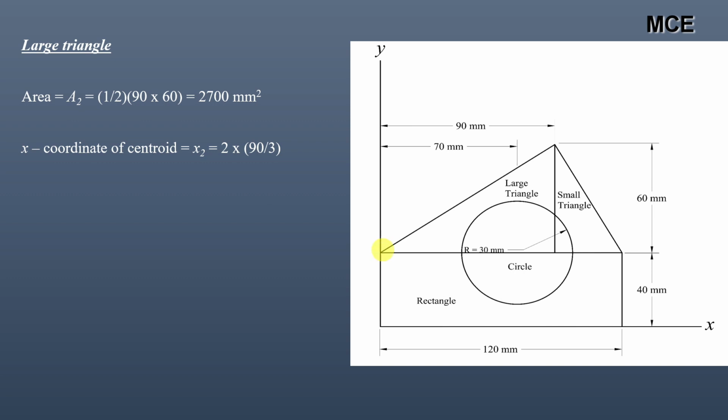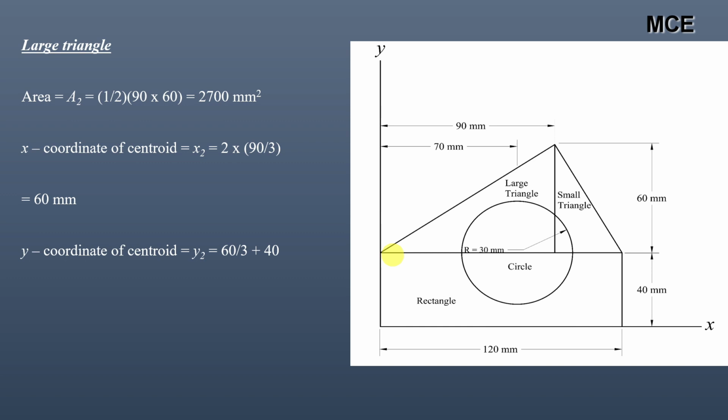You can see for this triangle, this base is coinciding with the y axis, so this apex is away from the y axis. So the x coordinate will be 2 into 90 divided by 3, that is 2 into the side which is perpendicular to the y-axis, which is 90 mm, divided by 3, which is equal to 60 mm.